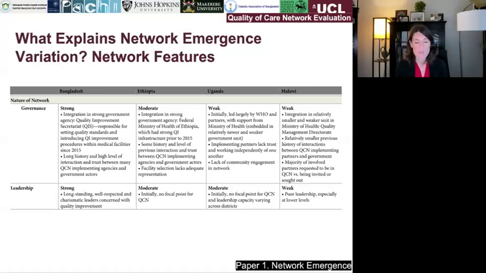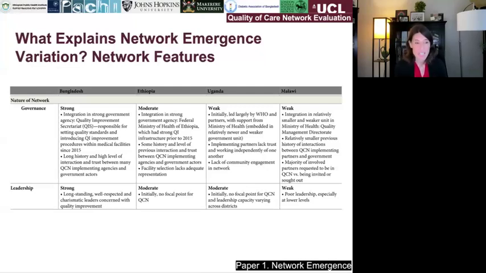In contrast, QCN in Uganda was initially embedded in and co-led by 2 government agencies, the Quality Assurance Department, as well as the Maternal and Child Health Department. And this initially caused fragmentation in activities, given that there were 2 different mandates and visions of 2 institutional leaders who were tasked to oversee QCN activities.